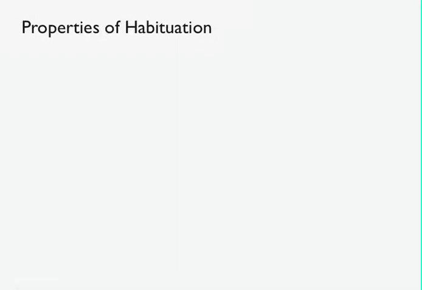This is the second and last lecture on habituation, and we're going to be talking about the properties of habituation. We learned before that habituation is the simplest form of learning. It's often called non-associative learning because there is no association involved in habituation.